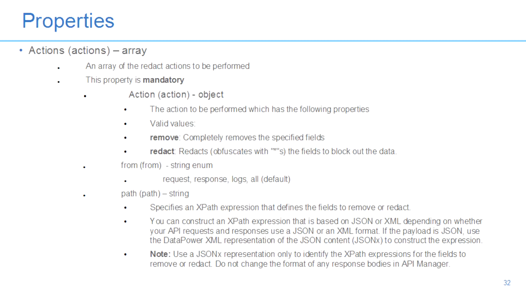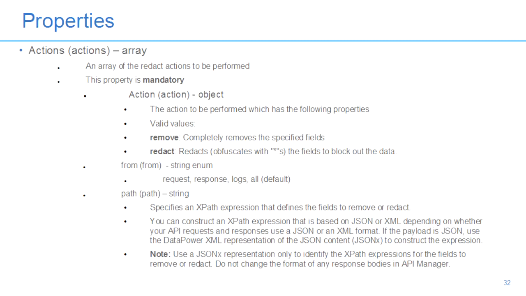You have a from property, which is an enumeration, which allows you to select request, response, logs, or all. So if you just want to do things from the response data, then you can just put response. If you want to do it from all of them, you can put all, and the default is all.